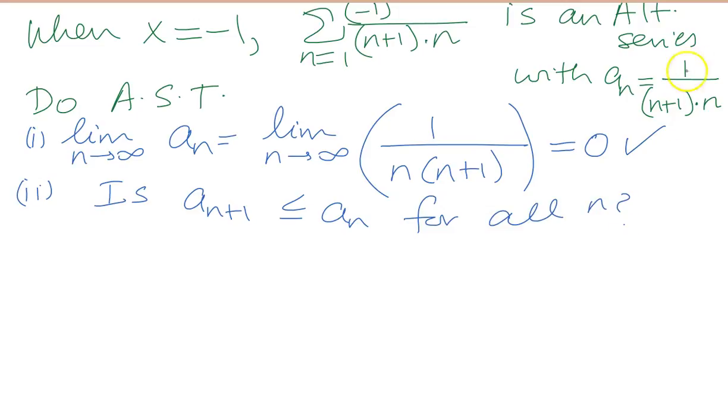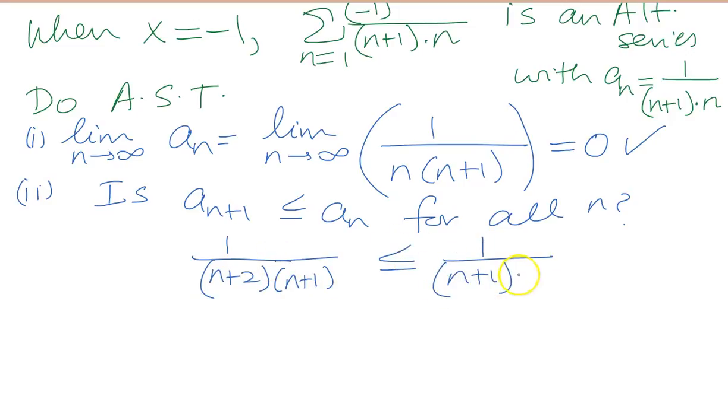So have a look. This is your an, replace it by n plus 1. So 1 over, this becomes n plus 2, and the other becomes n plus 1. That clearly is less than or equal to the an we have here. Alright, so we will say converges when x is negative 1. That is the left-hand endpoint.